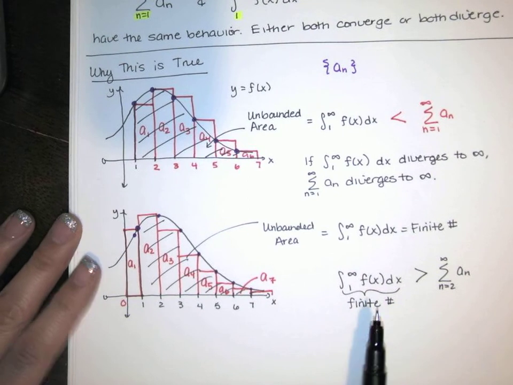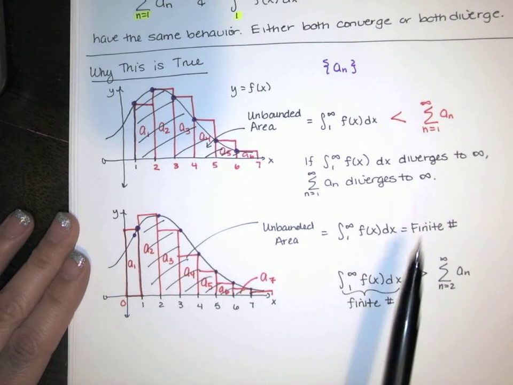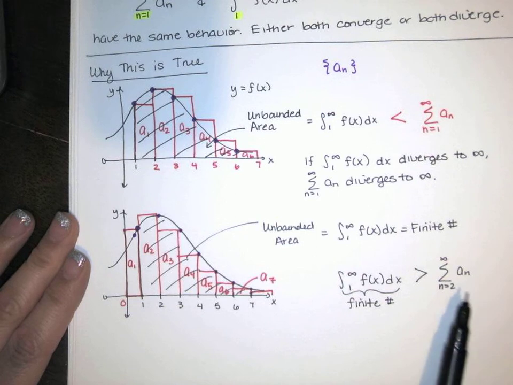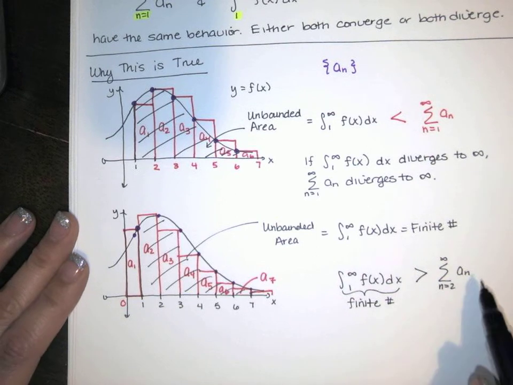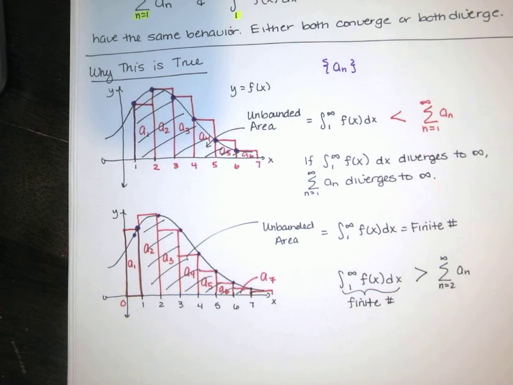Okay, so if this unbounded area from 1 to infinity is finite, then this is smaller than that, then this has to be finite as well. And then we can tag on that a sub 1 at the beginning. So we have this, and then we add an extra number, and it's still finite.